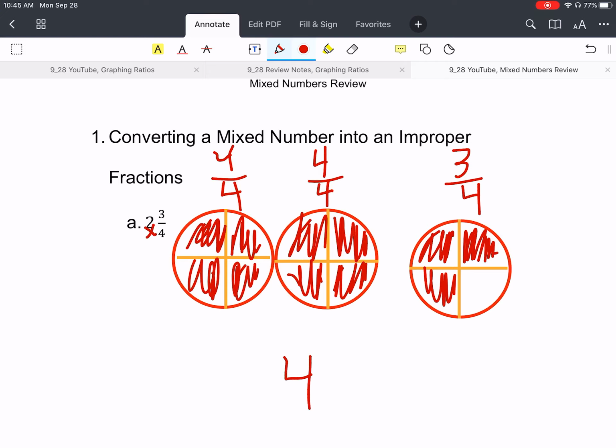So 4 times 2 whole pies gives us 8. And then we're going to add our numerator. So 8 plus 3 gives us 11. So 2 and 3/4 converts to 11/4. And because we took the time to make this drawing, we can count the number of fourths shaded in, and we can see that there are 11.